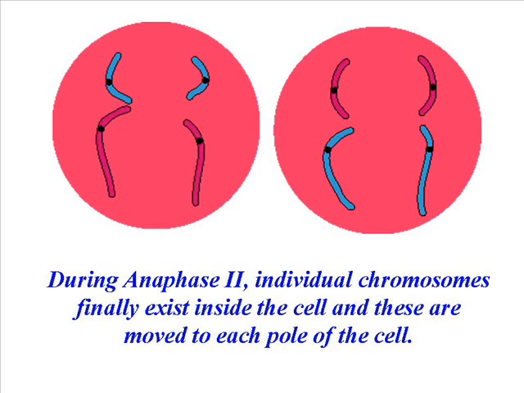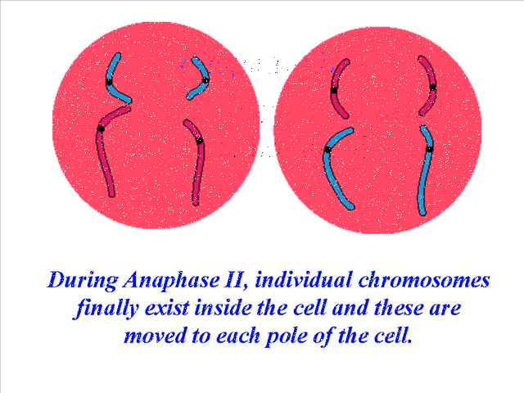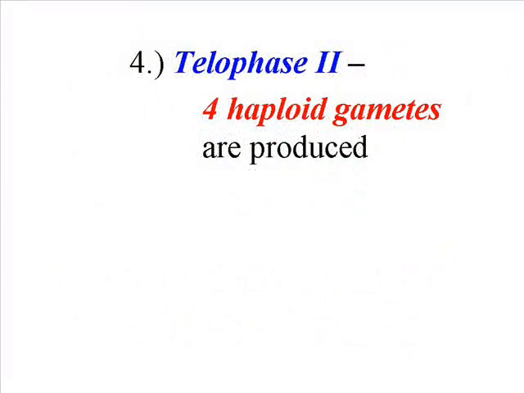But as a result of the two divisions, towards each pole will move only a half a set of chromosomes. So in the cell that you can see in the drawings, we started out with 4 chromosomes in the cell. Now, during anaphase 2, 2 chromosomes will eventually move to each pole of the cell, again occurring in 2 cells simultaneously.